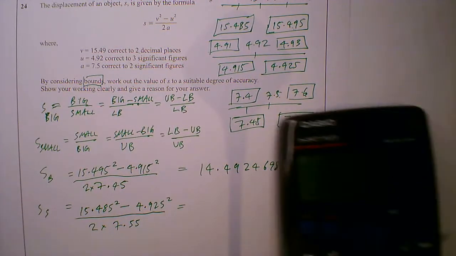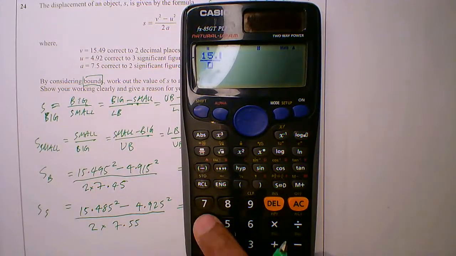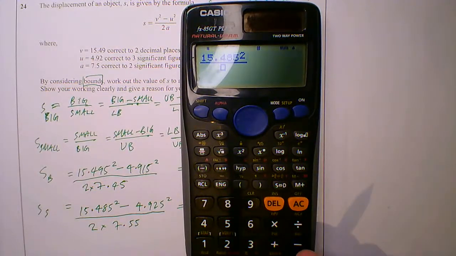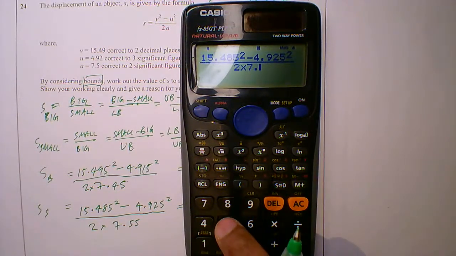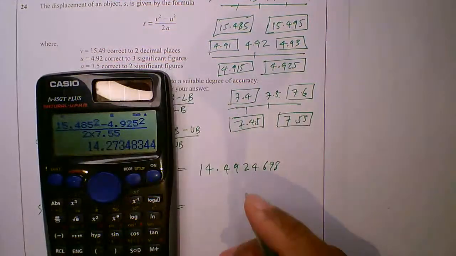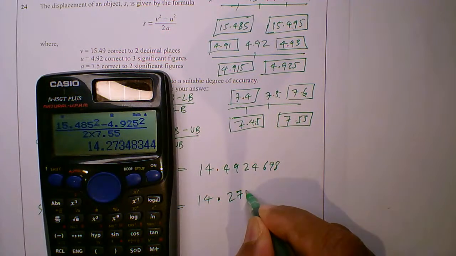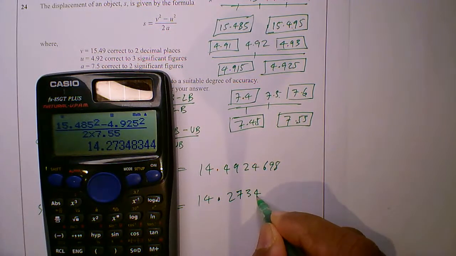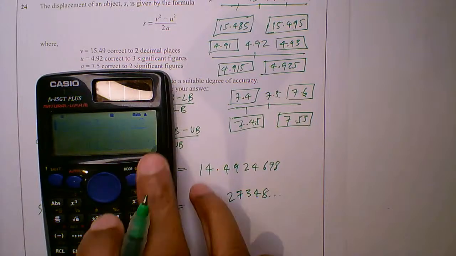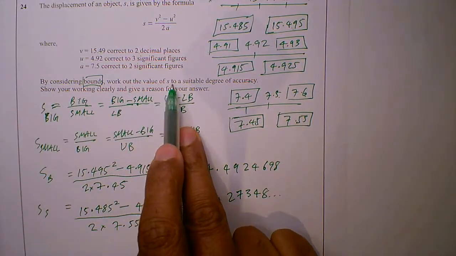Put that into my calculator, see what we get. 15.485 squared, take away 4.925 squared, all over 2 times 7.55. That gives me 14.2734.